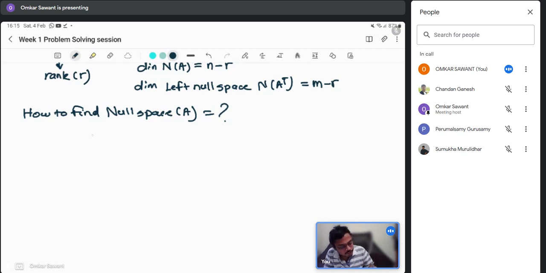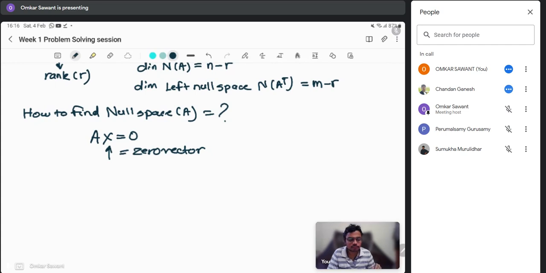The null space is such that you get the homogeneous equation, right? It means the vector x such that on multiplication by A, it will give the zero vector, right? Are you following, guys? Yes, sir. Okay, so this concept is clear, right?